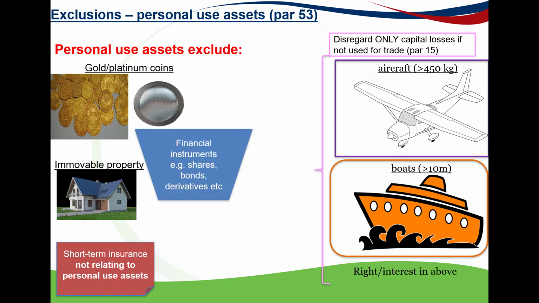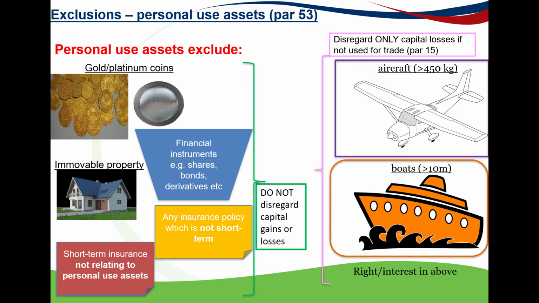Now, on disposal of any of these excluded assets, the capital gains and losses will not be disregarded. Remember, these assets are not personal use assets, so the exclusion will not apply. Hence, no disregarding will be applicable.